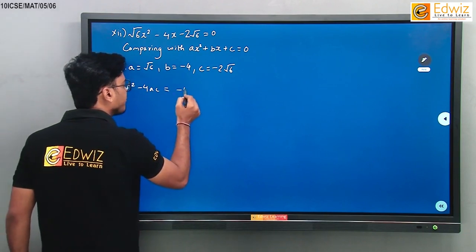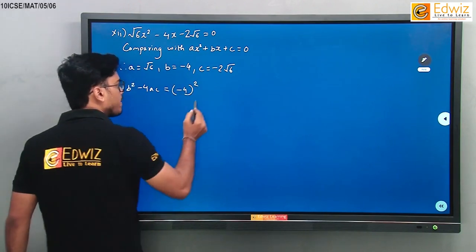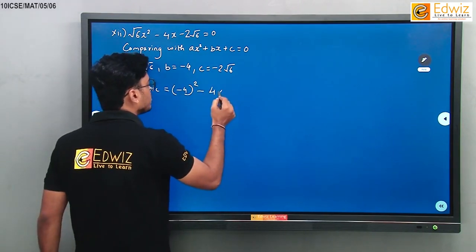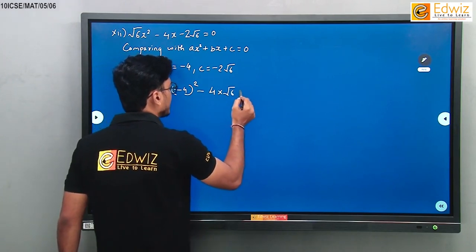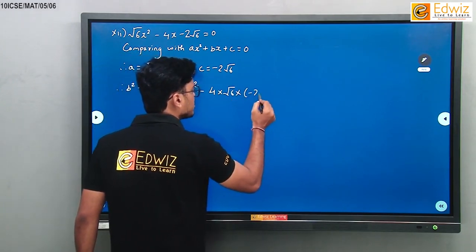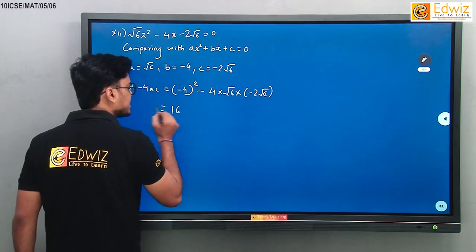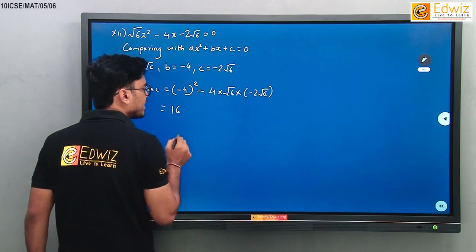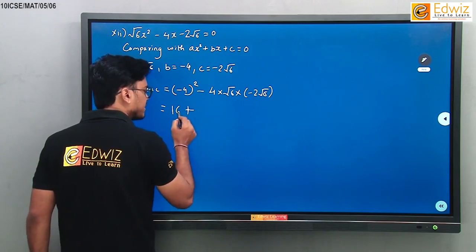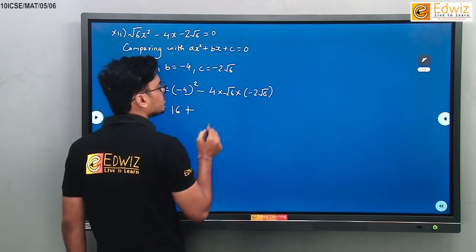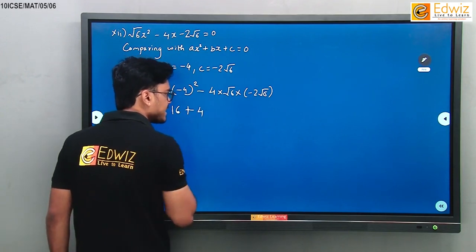That will be minus 4 square minus 4 into root 6 multiplied by minus 2 root 6. Okay, so minus 4 square is 16, minus 4 into a negative number, right? So it will be positive once again. So 4 into root 6 into root 6. I'll write this 4 as it is.